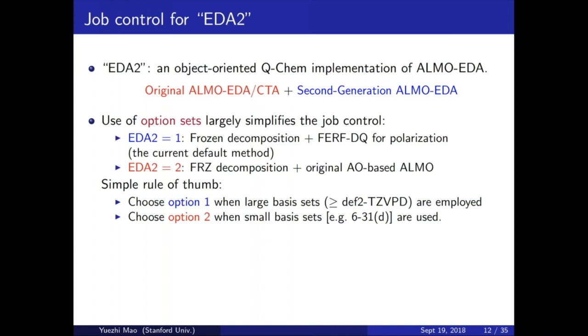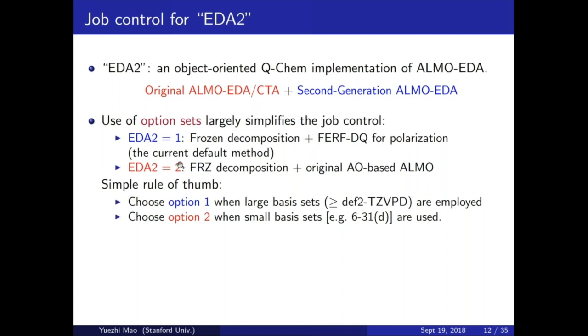And we designed some option sets to simplify the job control. And the most commonly used ones are options 1 and 2. So option 1 performs frozen decomposition plus the FIRF DQ model for polarization. And this is the current standard method of the EDA2.